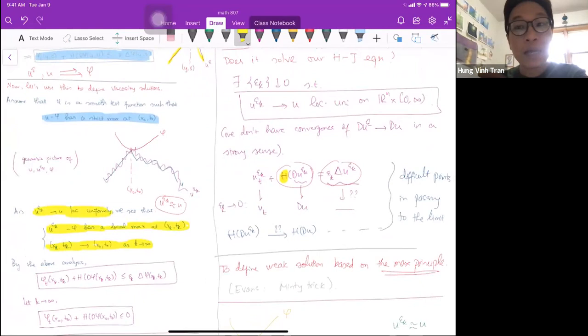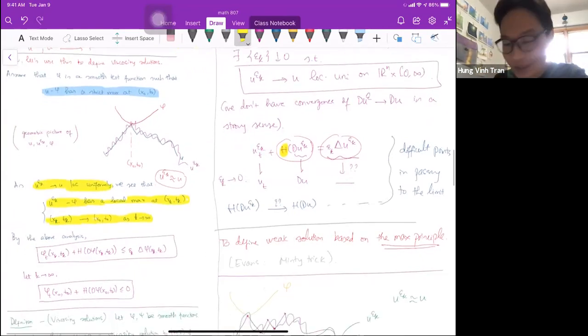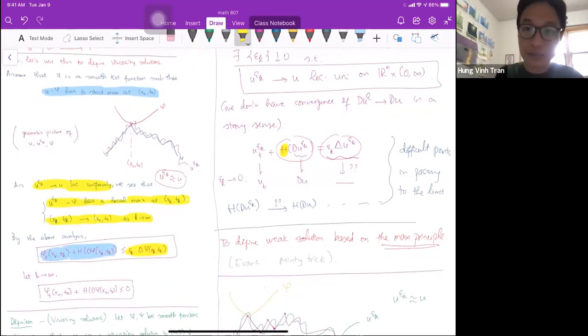Now we use the maximum principle from the above analysis. At the maximum point, we have phi t plus h of d phi is less than or equal to epsilon k times Laplacian of phi at xk tk.